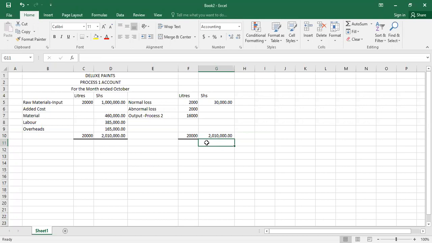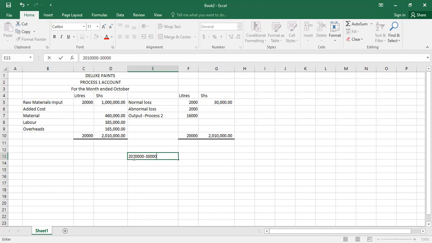So can we get the cost of the expected output? We can get, right? Because we have the scrap value. So our cost of the expected output will be 2010 minus 30,000, which is our scrap.